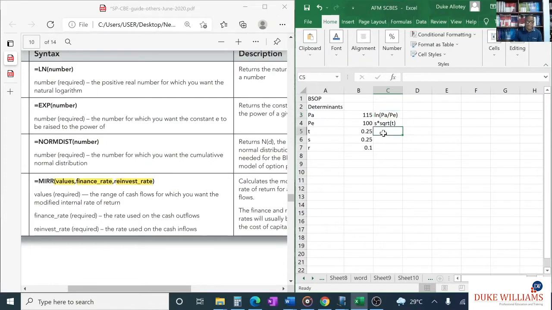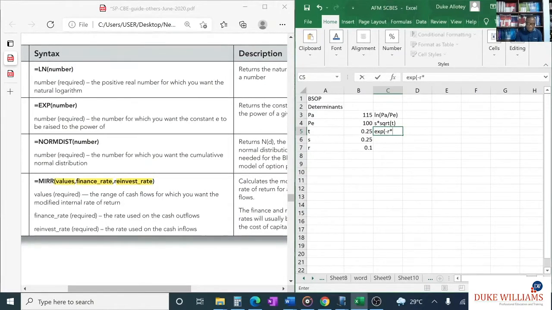So when we come here, I'm simply going to do exp of negative r multiplied by t, and I have that there.